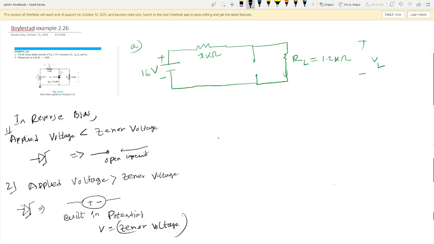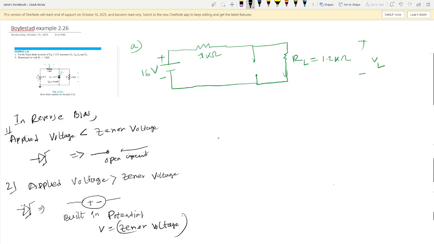When the applied voltage is less than the Zener voltage, the Zener diode is replaced by an open circuit, and when the applied voltage is greater than the Zener voltage, the Zener diode is replaced by a built-in potential. Remember, here the built-in potential voltage is equal to the Zener voltage.